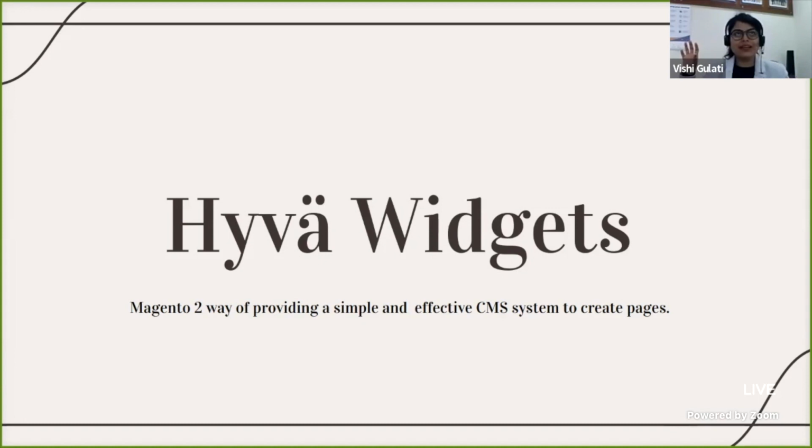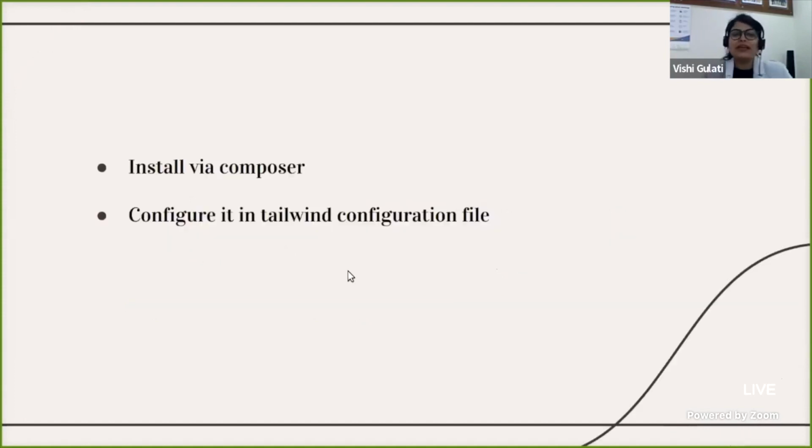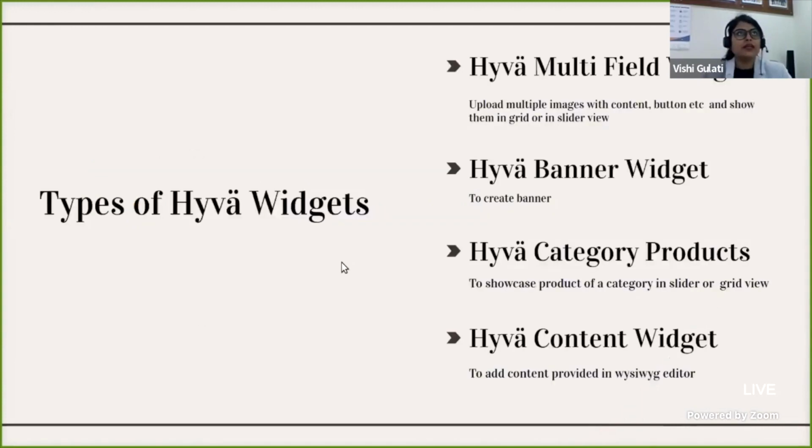We know something, and Hyvä is providing us the same framework so that we can utilize it and create a widget for the same. Like other things, you can also install it by Composer, but you need to configure it in the Tailwind configuration file. Now I hope you see why you need to configure it in the Tailwind configuration file.